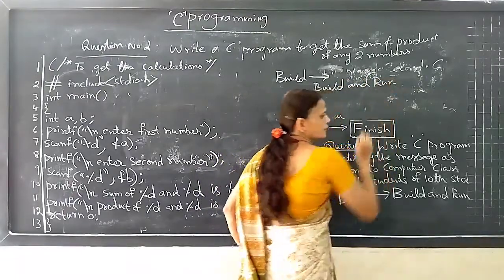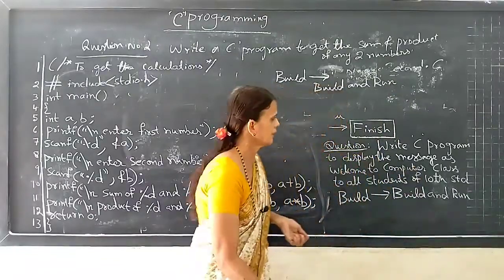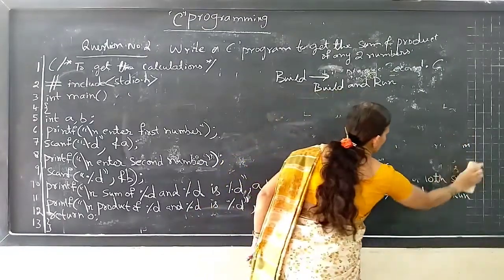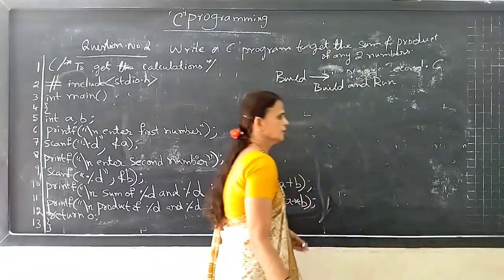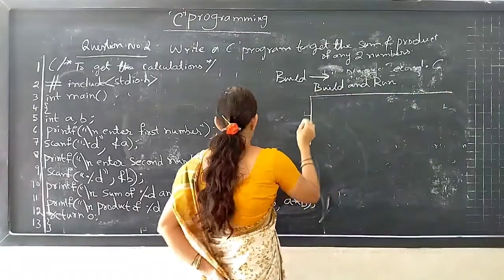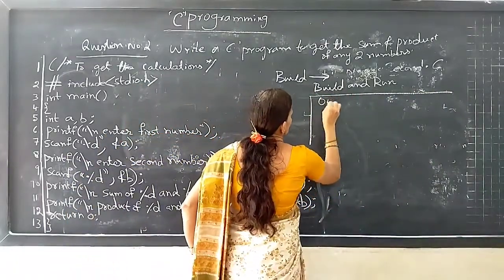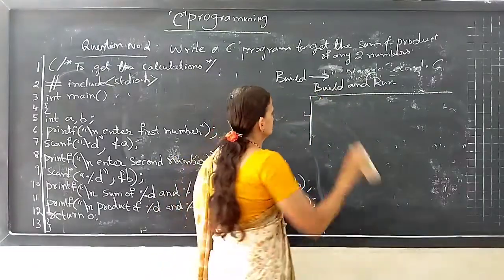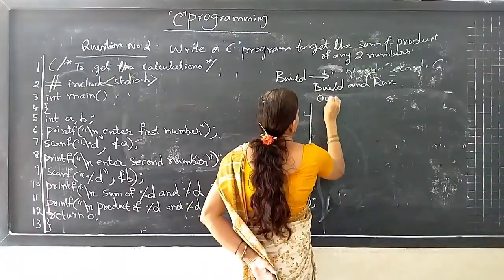The shortcut is there: press the F5 key and you will get the output in the C program screen, which will be in black color with yellow fonts. So this is the screen and how you will get the output.